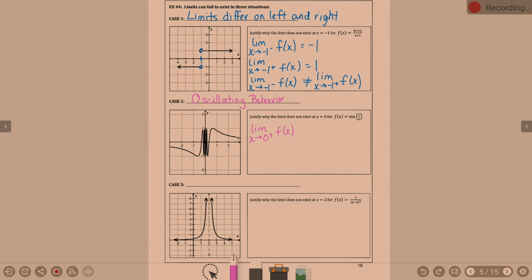It ends up on the positive part of the y-axis. Whereas the limit as x approaches 0 from the left of f of x ends up down in the negatives, so we can say it's less than 0. So you've got one above, one below. I'm going to say, therefore, the limit does not exist.